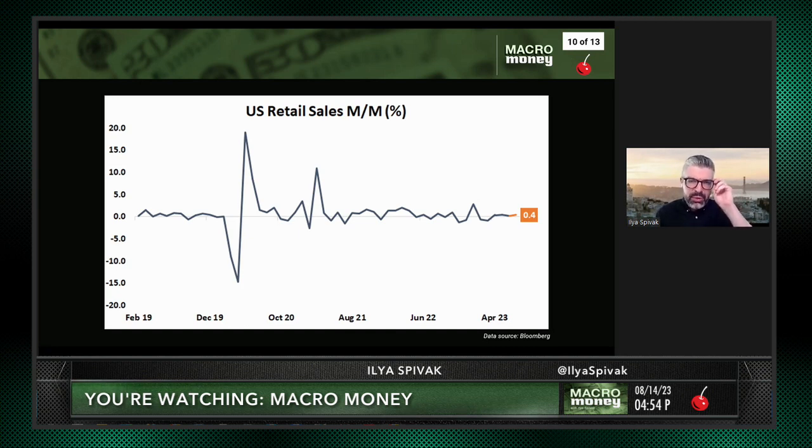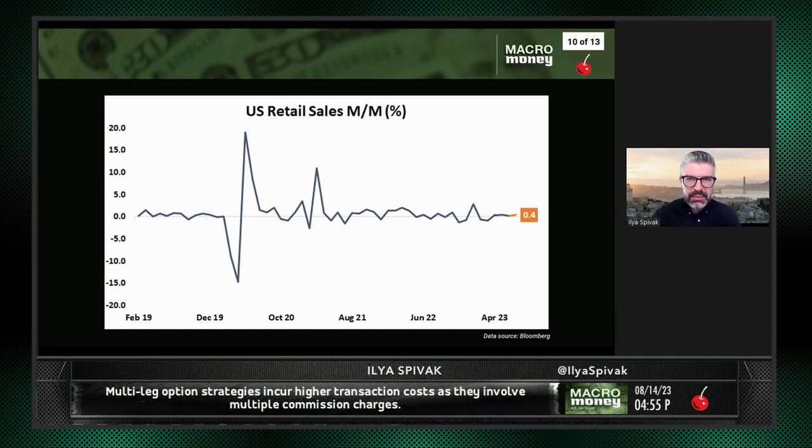Now, as you can see, this is relatively sideways moving data. It's kind of oscillating here around zero, but nevertheless, an influential number when the U.S. consumer is so much in focus as the last bastion of defense against a broader turn in the global business cycle.